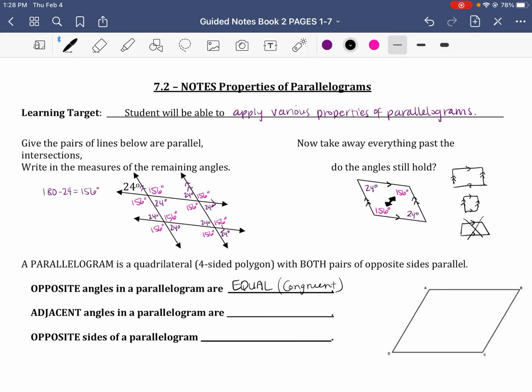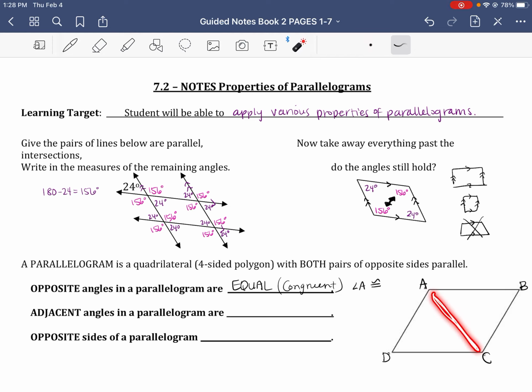Okay. And the notation we use for that, right? If I have this parallelogram off to the right, these are really small letters, so I'm going to write them a little bit bigger. That says A, this one says B, and C, and D. If I wanted to say that angle A is congruent to its opposite angle, angle C, then I use that squiggle with an equal sign.